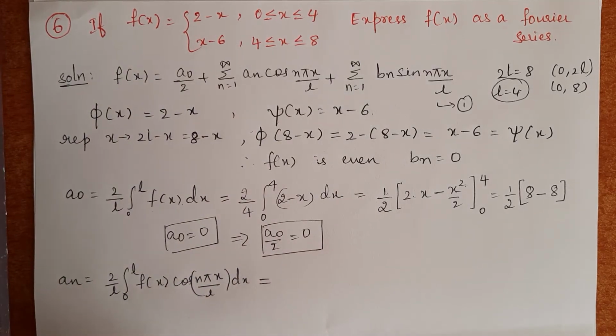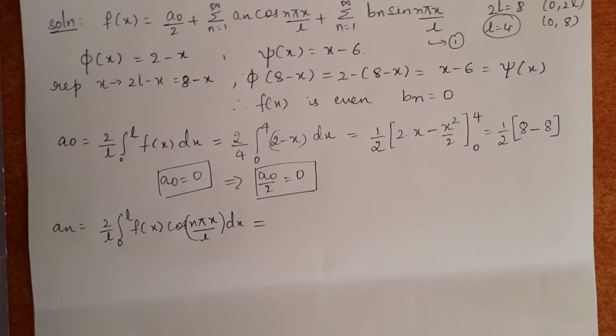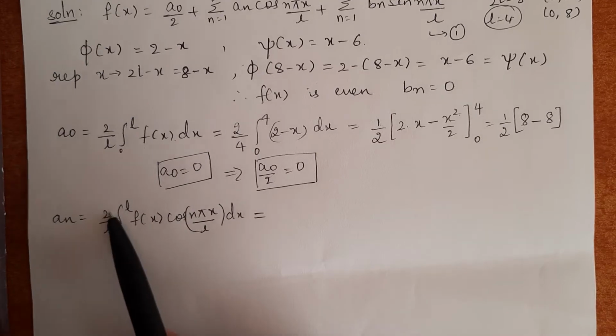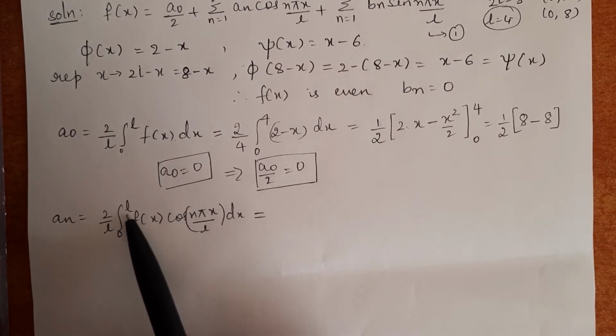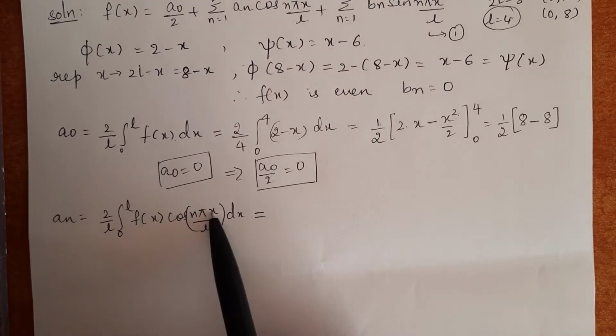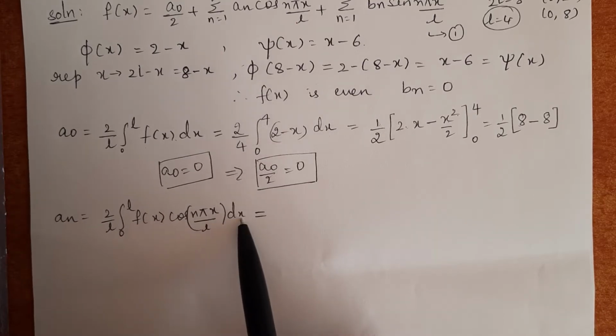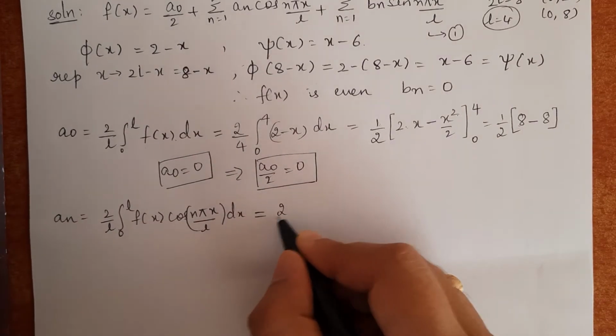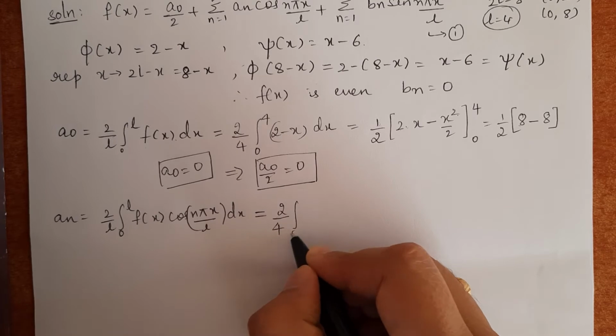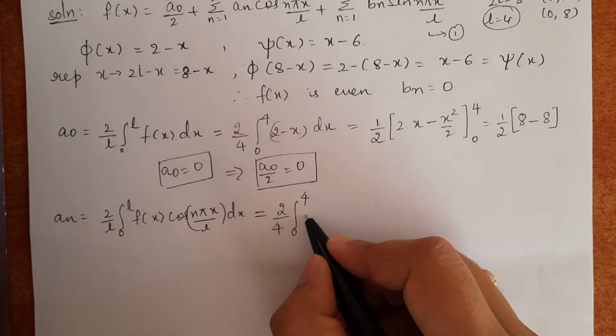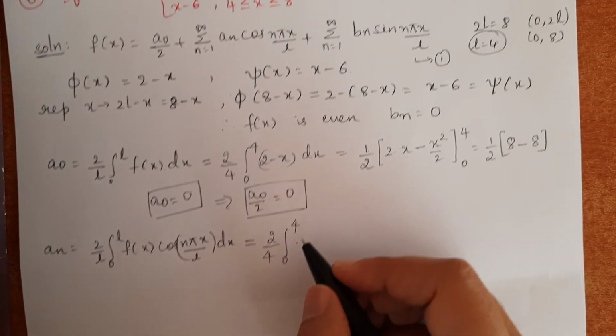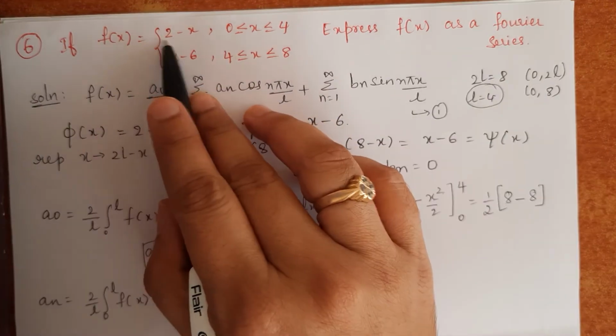Now, let me calculate an. An is given by the formula 2 by L integral between 0 to L f of x cos n pi x by L into dx. So, 2 by L is 2 by 4, integral between 0 to 4, f of x between the interval 0 to 4 is 2 minus x.